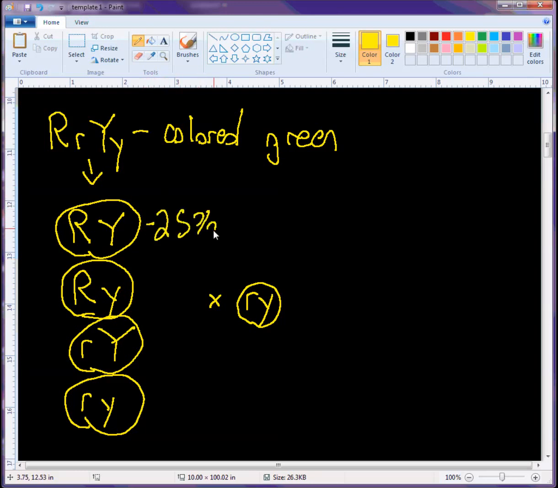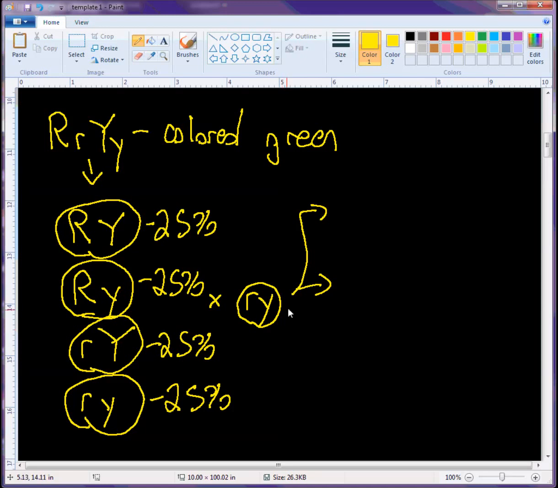roughly 25% of each of these gametes being produced in this plant. And if that were true, then we would see approximately 25% of these genotypes in the progeny.